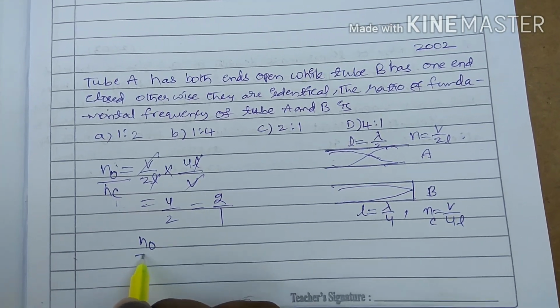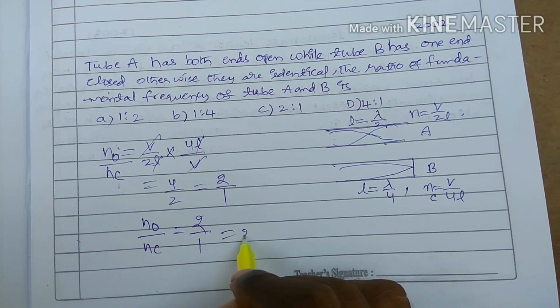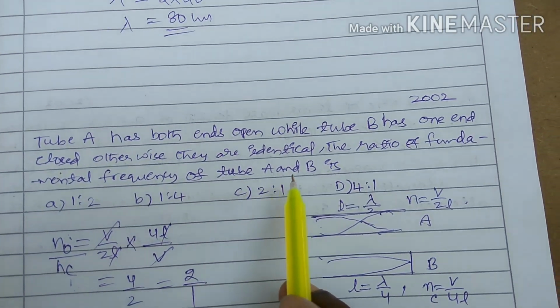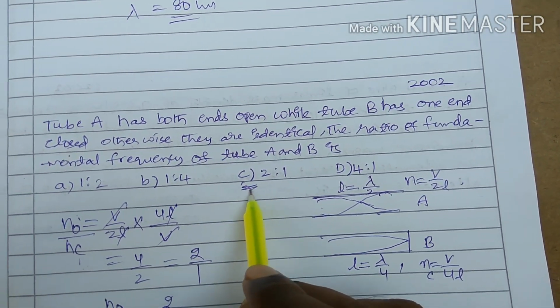Therefore NO by NC is equal to 2 by 1, that is 2 is to 1. So the ratio of the fundamental frequencies of tube A and B is 2 is to 1, option C is the right answer.